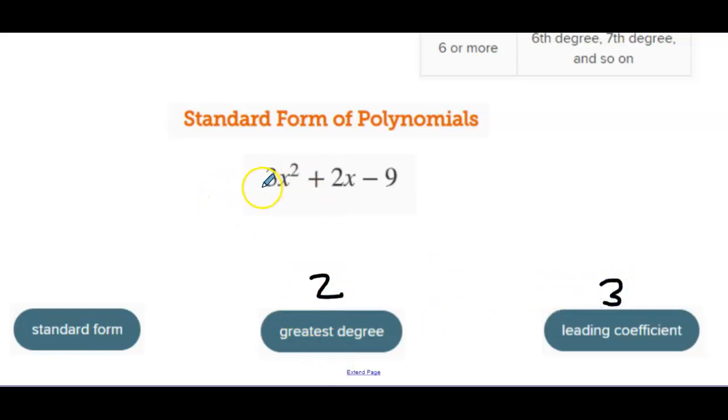That's the number out front, that 3 out front. We call that a coefficient, and that's the leading coefficient because it's the first one. Okay, so this is written in standard form. We would say that this is a quadratic trinomial. Quadratic because x squared is the highest degree, and trinomial because there are 3 terms.